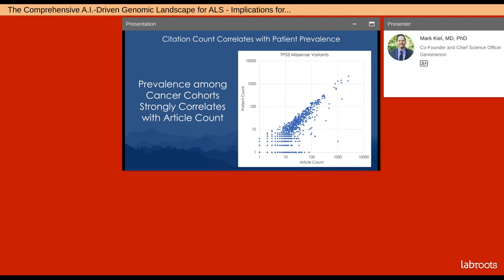And so this is a different disease circumstance for a different gene. In this case, it's cancer and P53 mutations. But what you can see here in the plot of article count for each of those variants reflected by dots against patient count in a representative and very large cohort of disease patients, you can see on that log scale a nice direct correlation between citation count and patient prevalence.